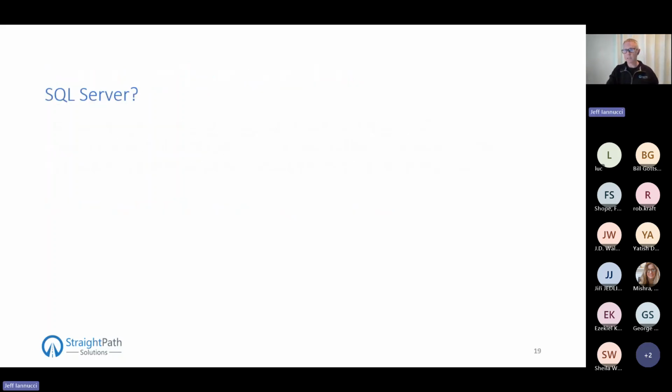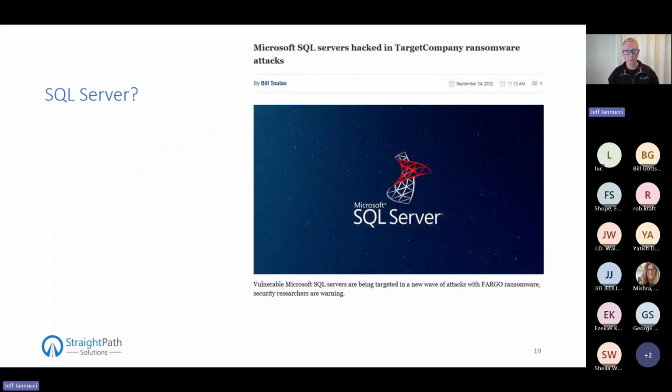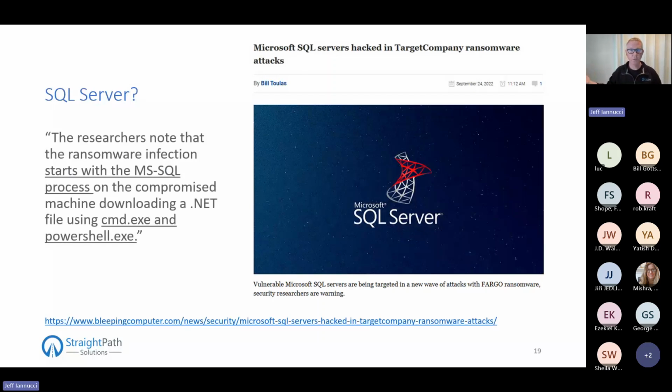So how does SQL Server factor into this, right? SQL Server, as I said, can be an attack vector for your ransomware demands. Here's one that I found. I was looking through different articles that did talk about ransomware that did occur through SQL Server. I don't know if you remember the hack of Target a while ago.